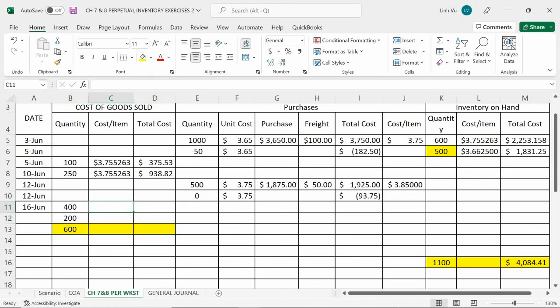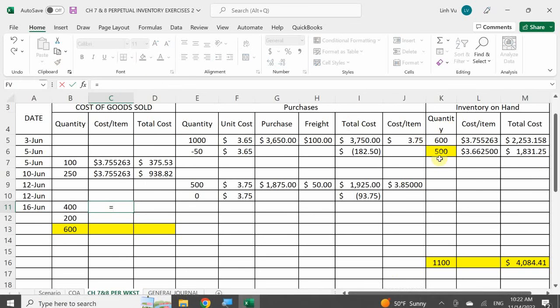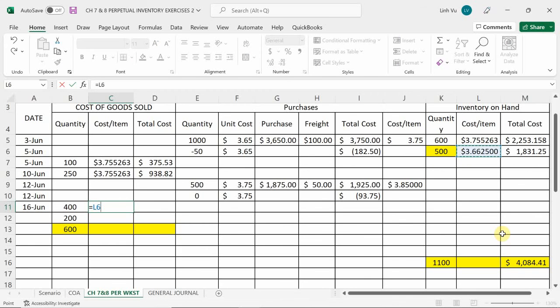Okay? So in this case, my 400 times the 36625 is going to give me 1465 even, okay? So if I were to go ahead and subtract out those 400 units, right?